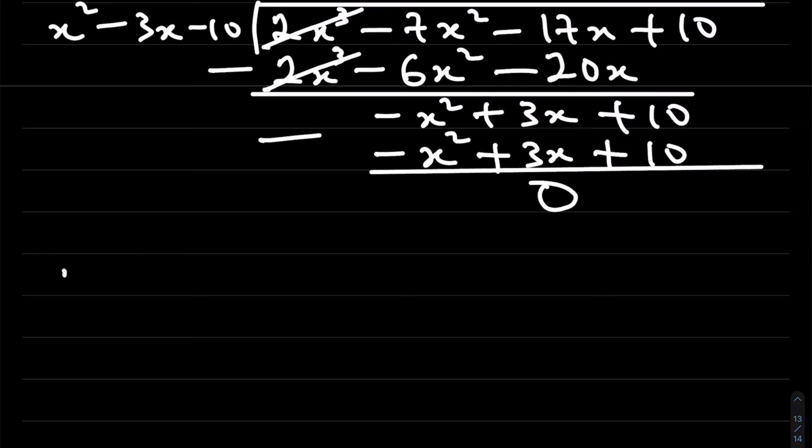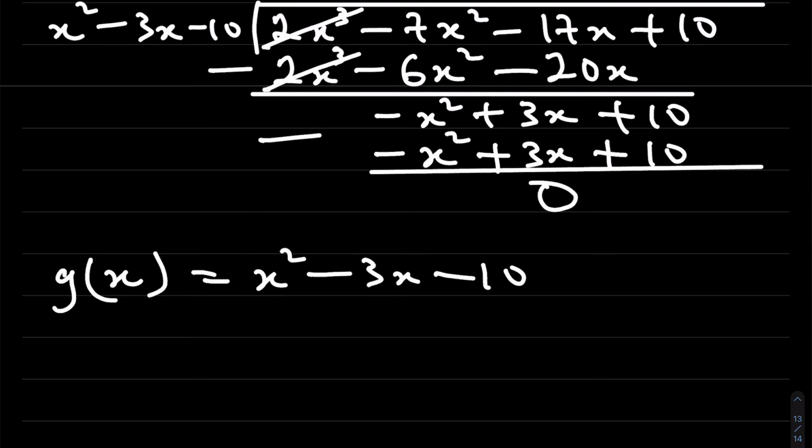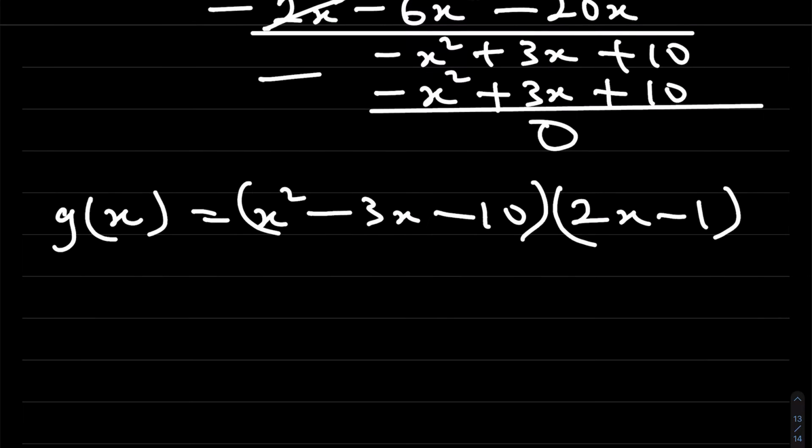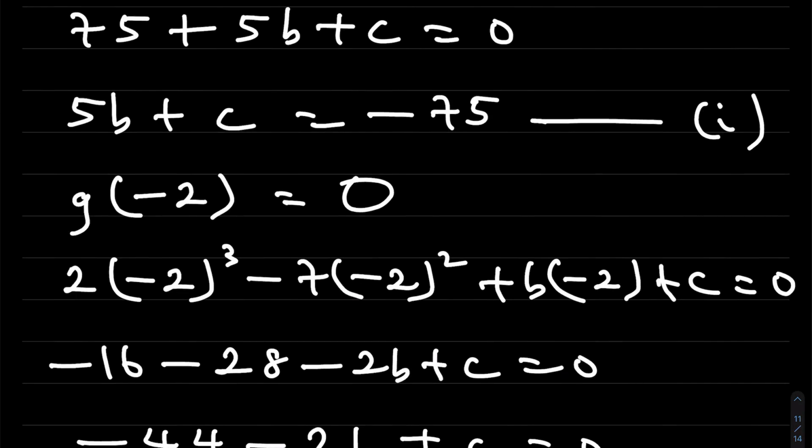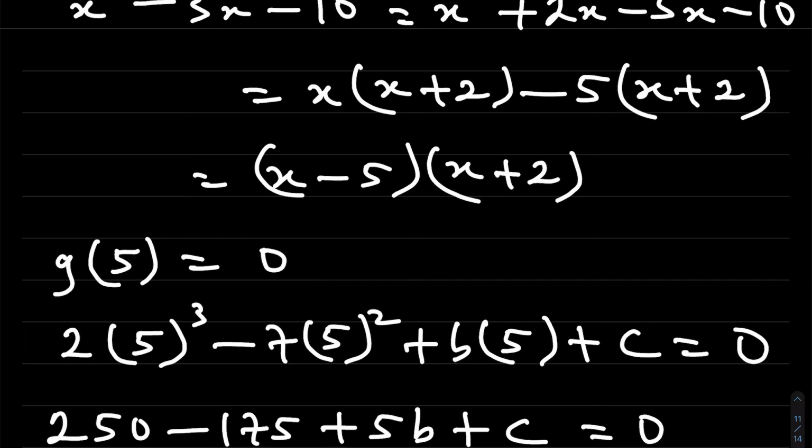So g of x now is therefore x squared minus 3x minus 10 times 2x minus 1. And we know that x squared minus 3x minus 10 factors as x minus 5, x plus 2.